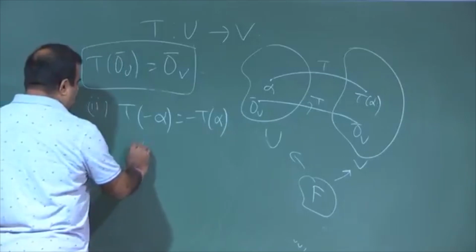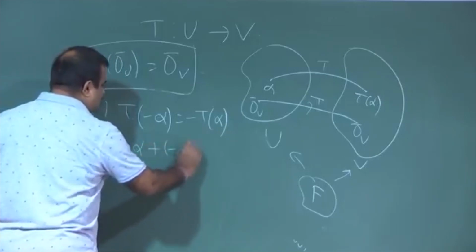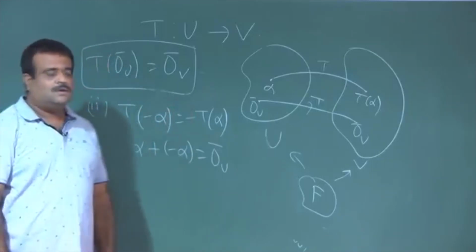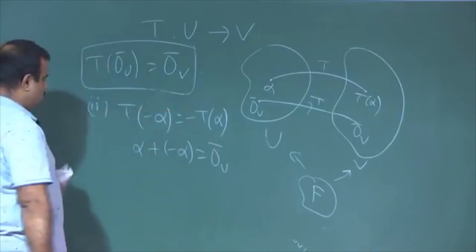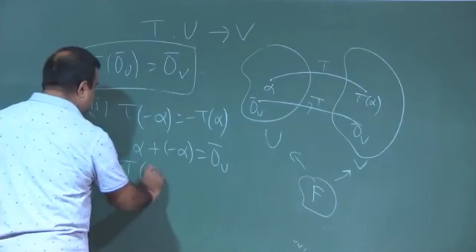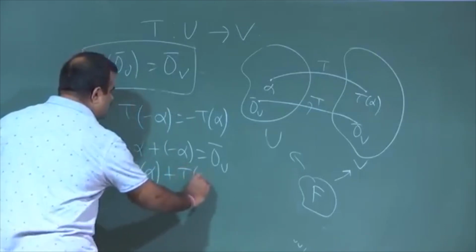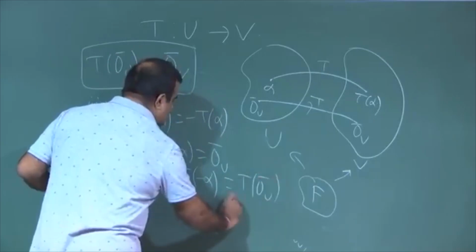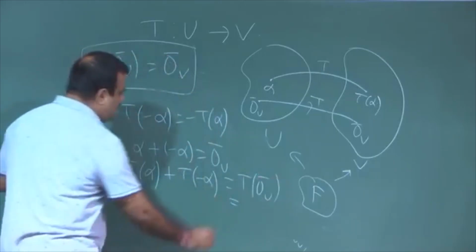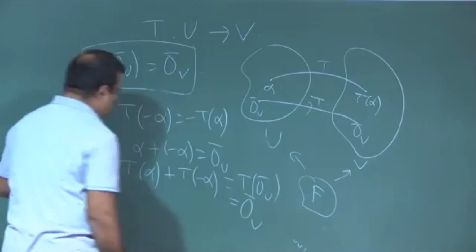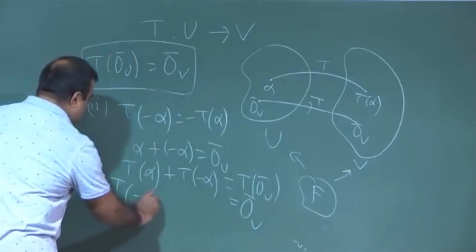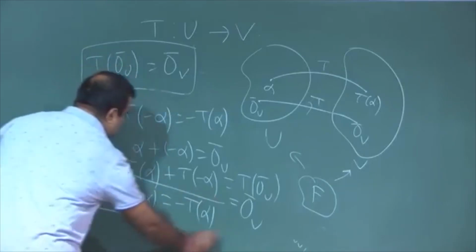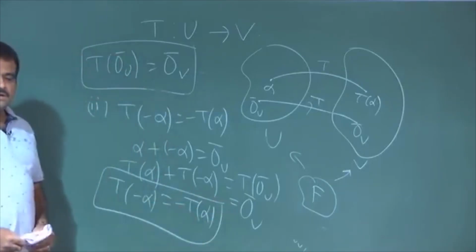We take alpha, so alpha plus minus alpha, we know this is the 0 vector of U. Now, we take the transformation on this. Since T is linear, T of alpha plus T of minus alpha is equal to T of 0_U. Now, just now we have seen this is 0_V. So, this implies T of minus alpha is equal to minus of T of alpha. This is another result. Okay.